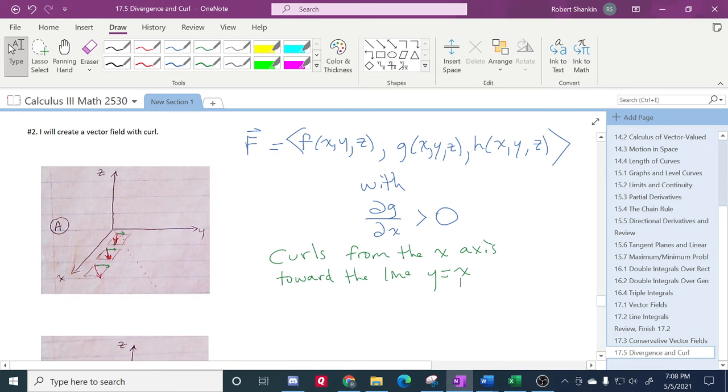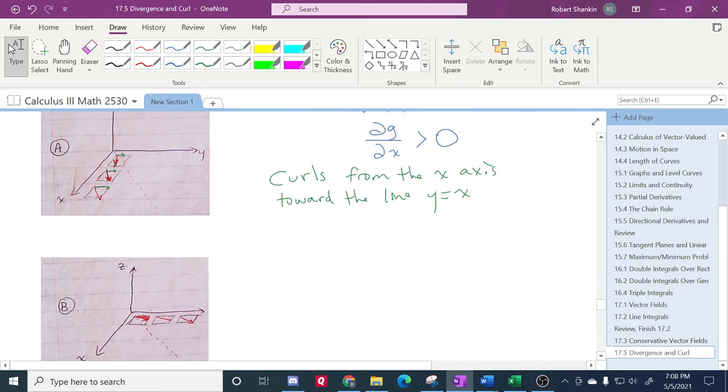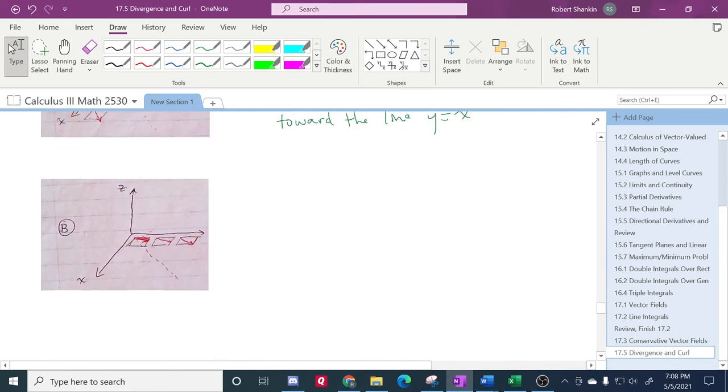Now, let's do another one. This is my vector field f. And now I'm going to have this situation with the partial of f with respect to y being greater than 0.